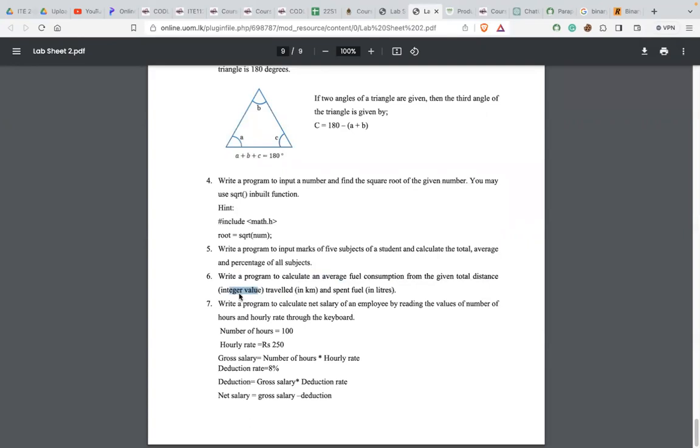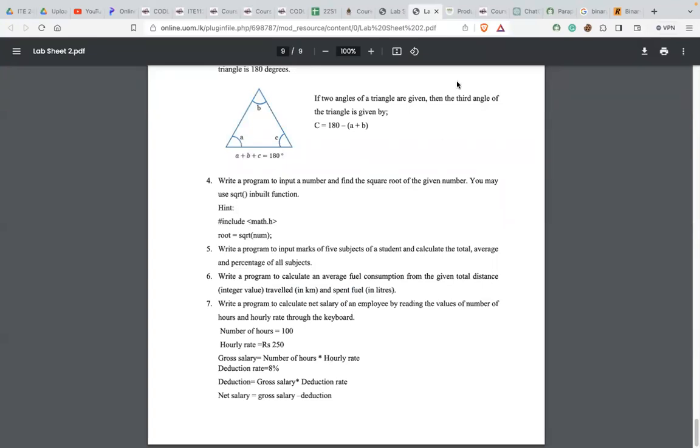The question asks that the user doesn't enter any floating point numbers or decimal places. And the spent fuel, let's say 5 liters. Then 103 divided by 5, you need to provide the answer.